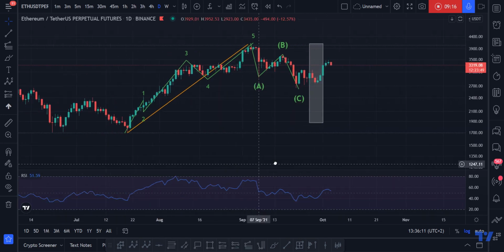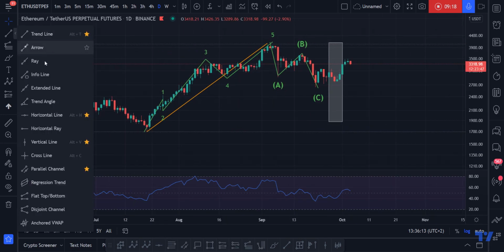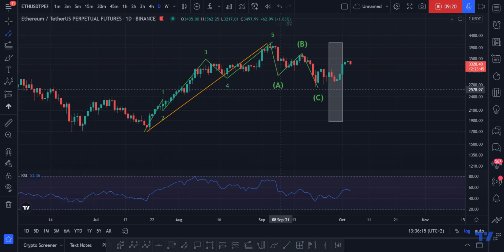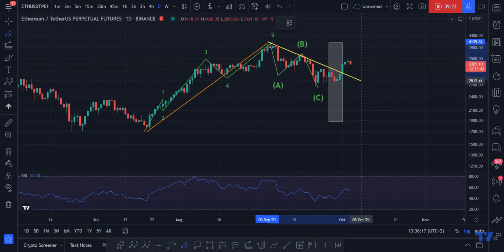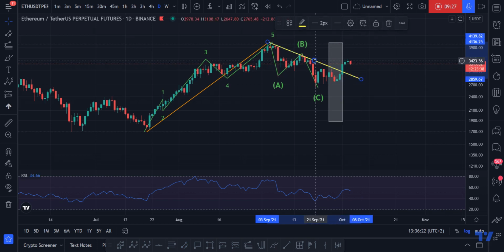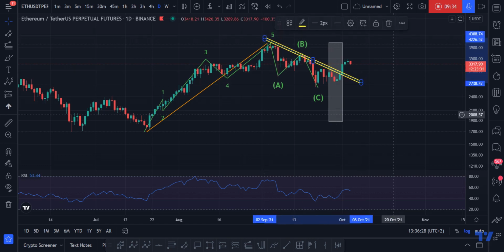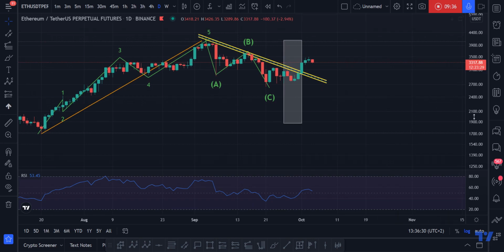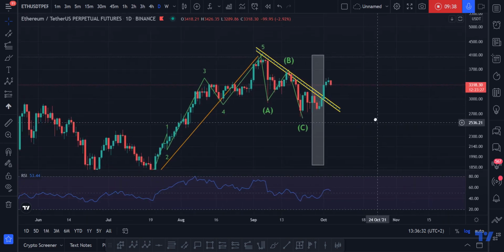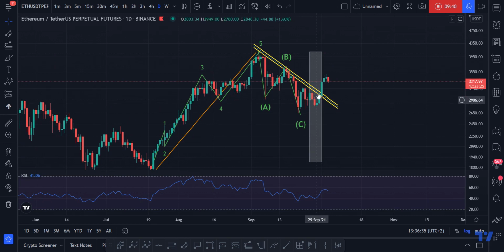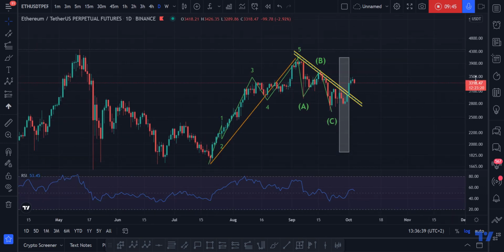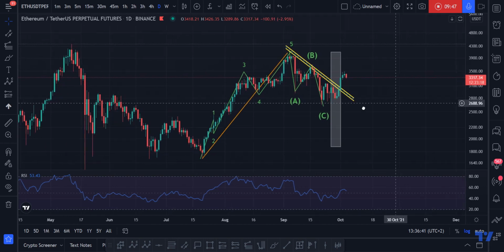We have, of course, an obvious trend line based on tops, so we have another clue, another tip, which price action gave us to expect a breakout at this level. And this is what I wanted to share with you at this moment.